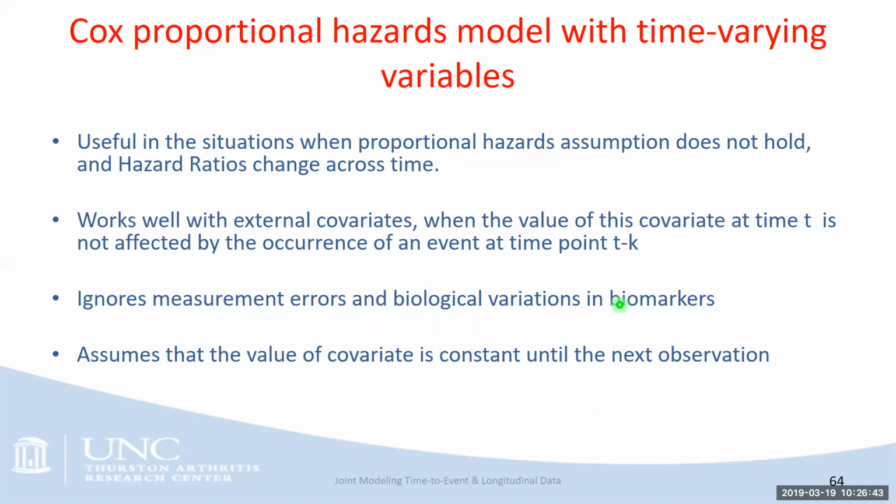It works well with external covariates, when the value of this covariate at time t is not affected by the occurrence of an event at time point t minus k. But like I told you, and like Carolina explained, this model ignores measurement errors and biological variations in the biomarker and assumes that the value of the covariate is constant until the next observation.